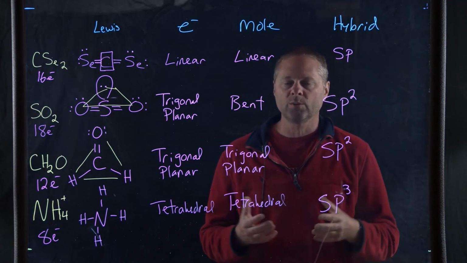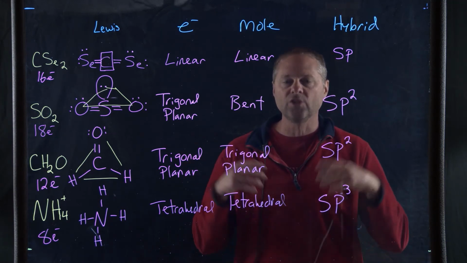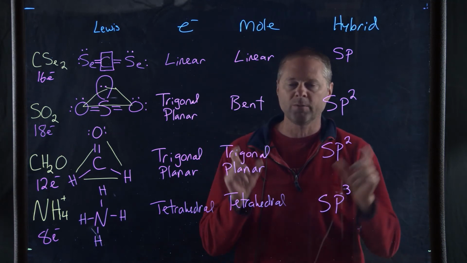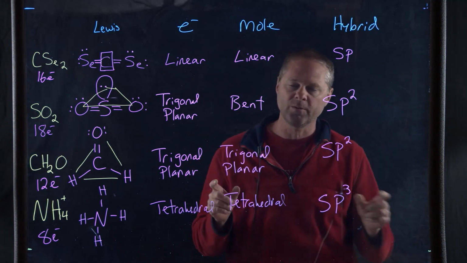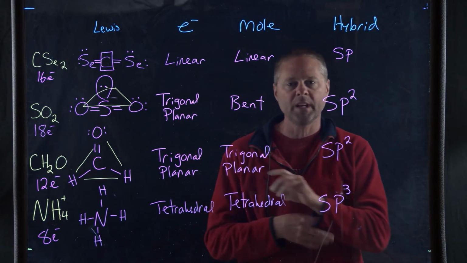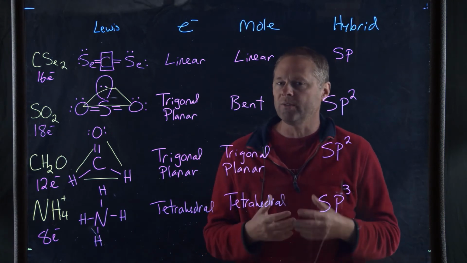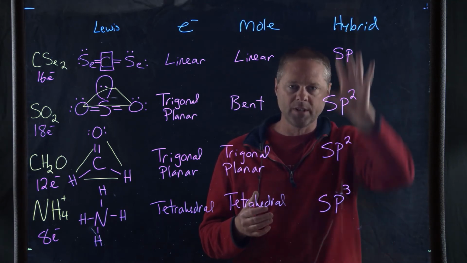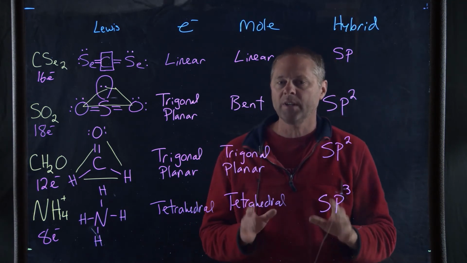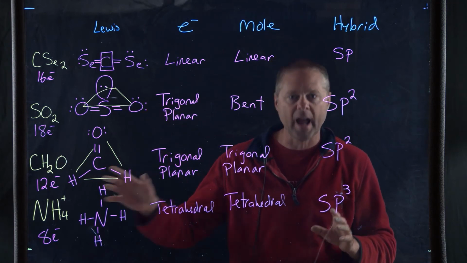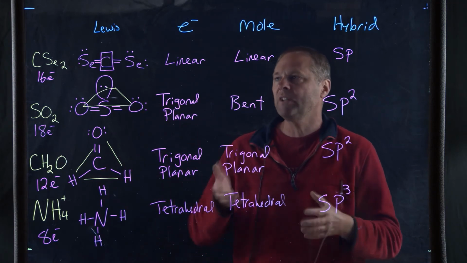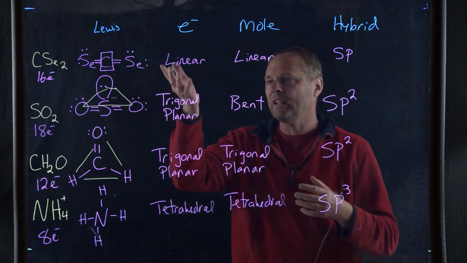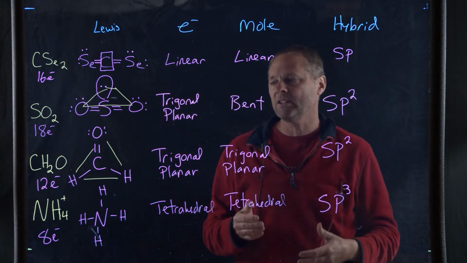I know in the notes I show you the genesis of how these hybridizations come about. You can do that. You can fill in the boxes, you can fill in the s's, you can fill in the p's, you can move an s into a p. And that's not always intuitive. It's not the easiest. I typically find that in order to determine the hybridization of a particular atom or molecule, it's much easier to look at the electron geometry and then recognize if it's linear, it's going to be sp.